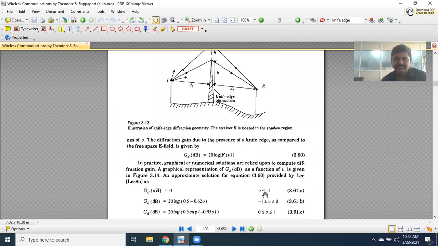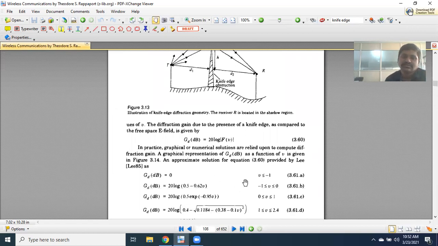In practical graphical or numerical solutions, G d in dB: when v is less than -1, between -1 to 0, from 0 to 1, from 1 to 2.4, the values are 0, 20 log 0.5 minus 0.62 v, 20 log 0.5 exponential of minus 0.95 v, and 20 log 0.4 minus square root of 0.1184 minus (0.38 minus 0.1 v) whole square.